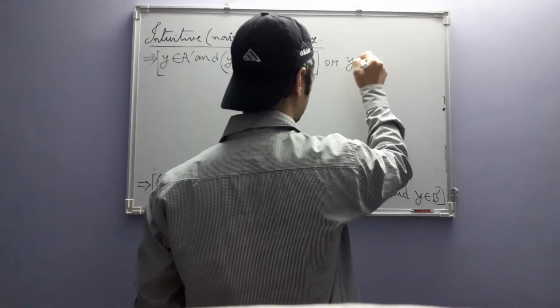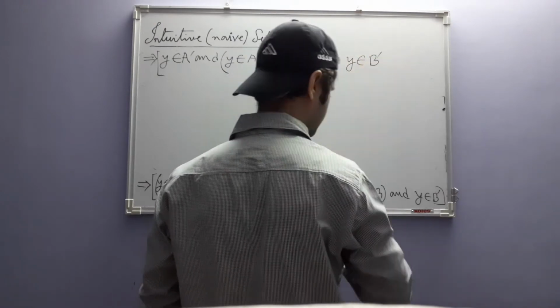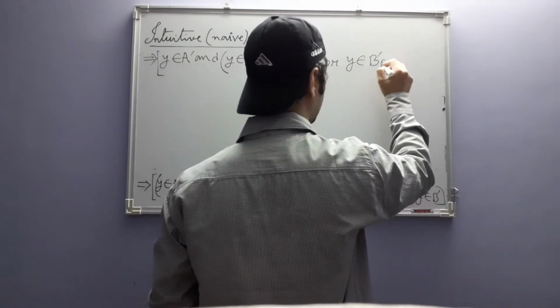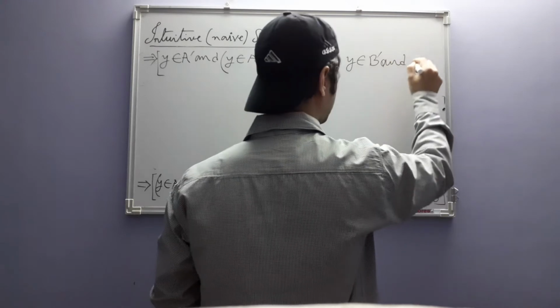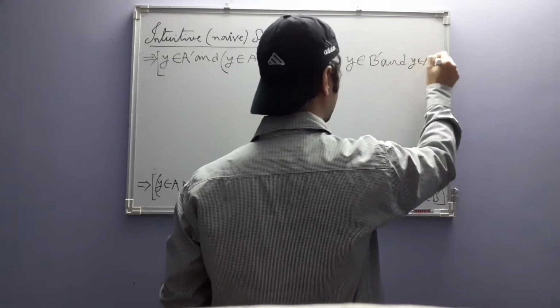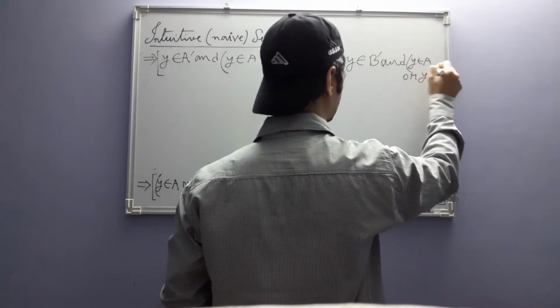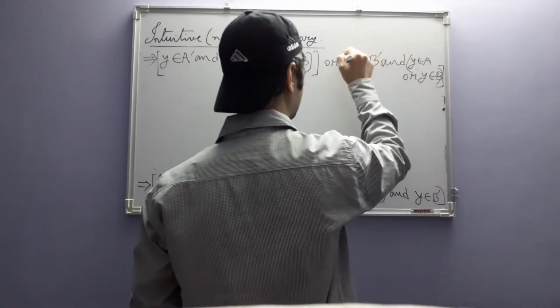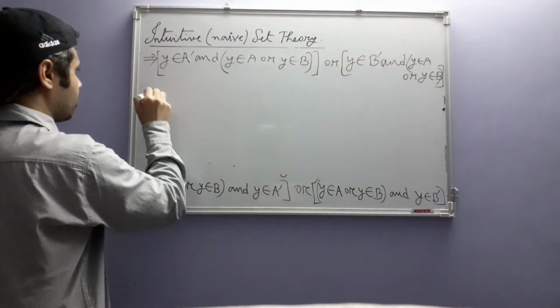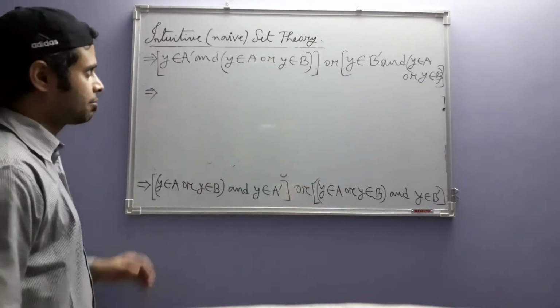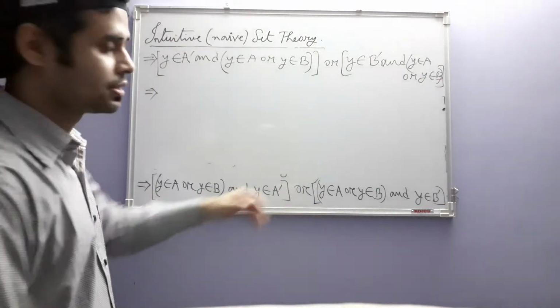Here also I use the commutative law, and Y belongs to A or Y belongs to B. Now I have to again apply the distributive law twice.